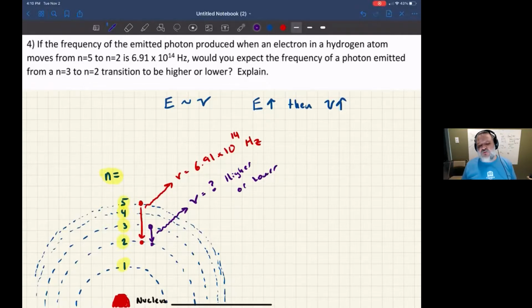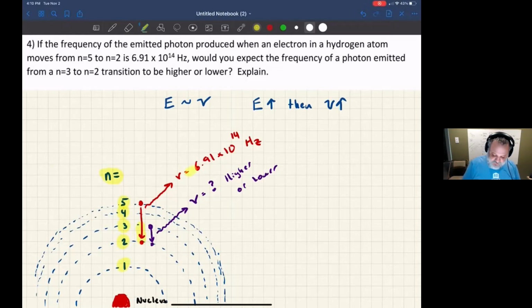Explain. And what you're doing is you're using the diagram to explain it. The explanation you're going to come up with will involve the fact that the spacing in these quantum levels gets smaller and smaller. That means the transition between 5 and 2 has got to be larger than the transition between 3 and 2, because the transition between 5 and 2 includes the transition between 3 and 2, and it includes extra energy.